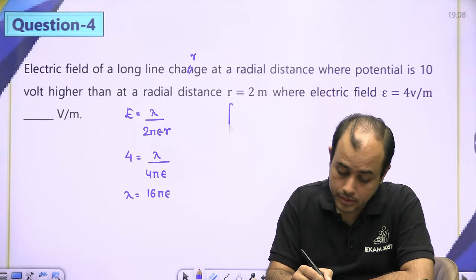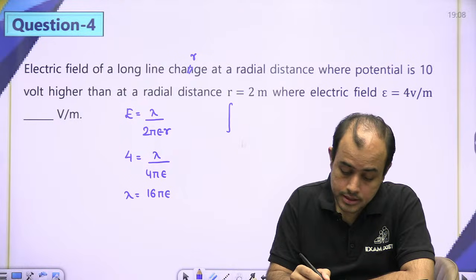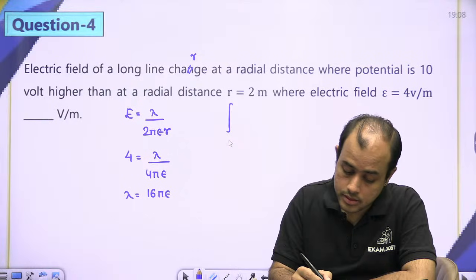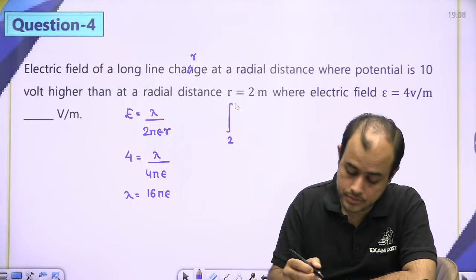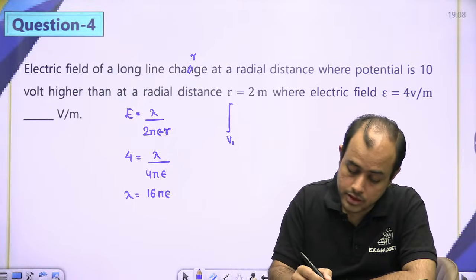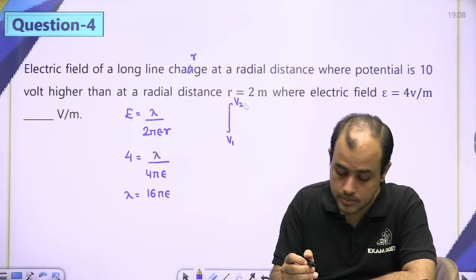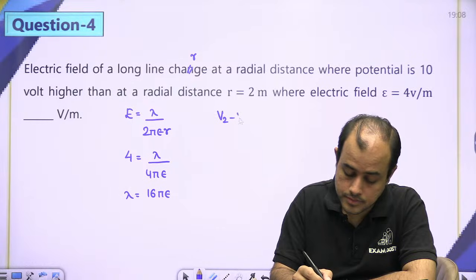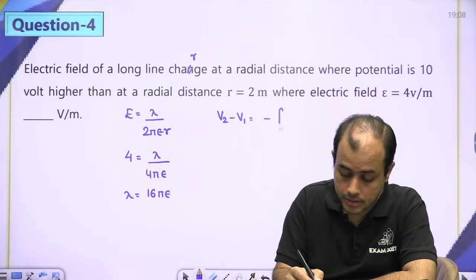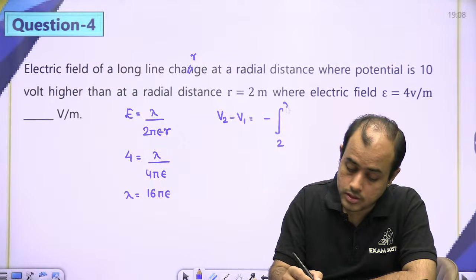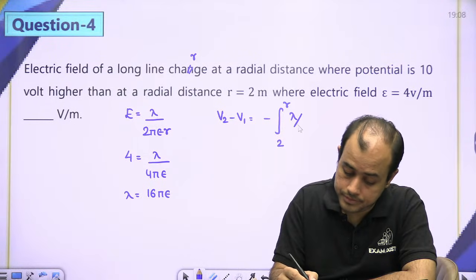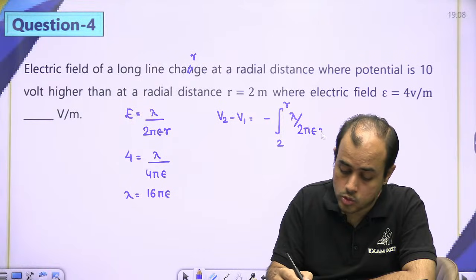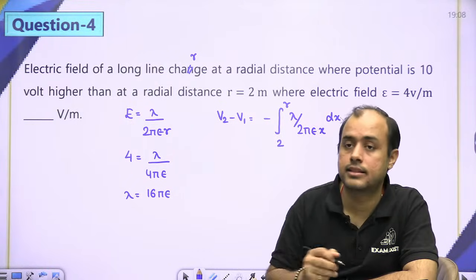Now from, I will say, from 2, to r, V2 minus V1 is integral of lambda by 2 pi epsilon x dx.